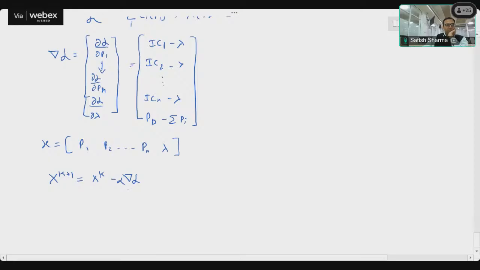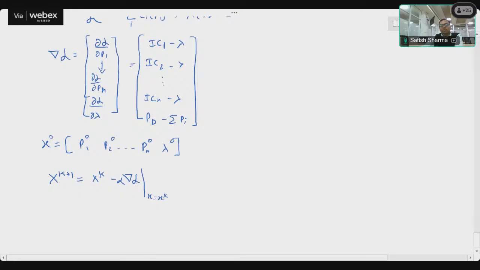So this delta lambda is basically, we are assuming x was equal to some certain x value, let's say xk. So this lambda depends upon x, and all of these will have p1, p2, p3, and lambda. Whatever the initial value x naught is, we will have p1 naught, p2 naught, p3 naught, and lambda naught.